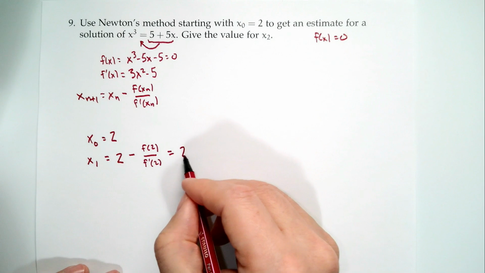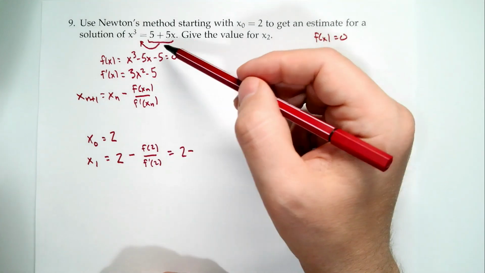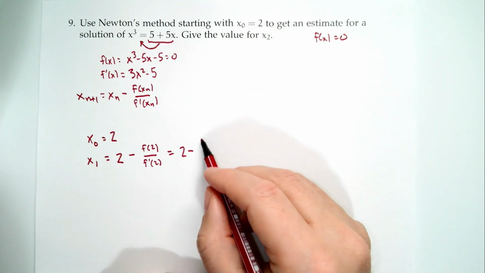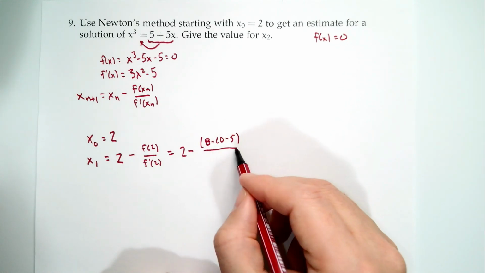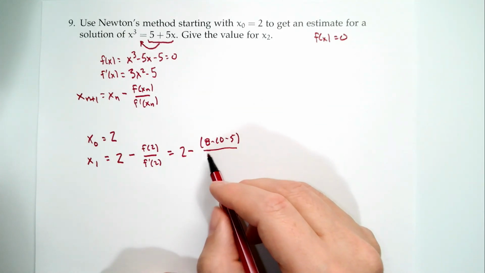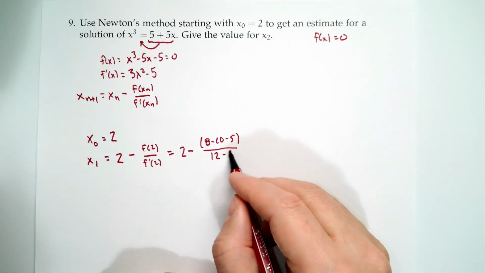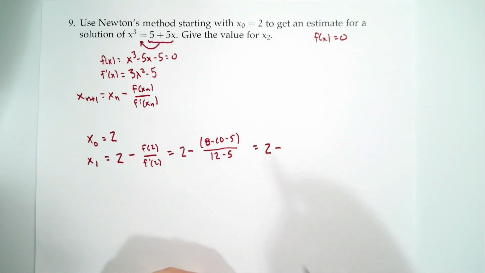So that would be 2 minus, all right, now we plug 2 into our function. 8 minus 10 minus 5. Downstairs, plug 2 into our derivative. That would be 3 times 2 squared, that's 12 minus 5. So that's 2 minus 8 minus 10 minus 5.